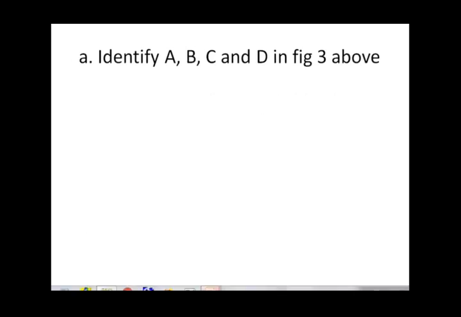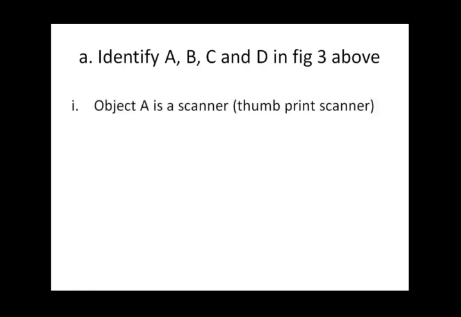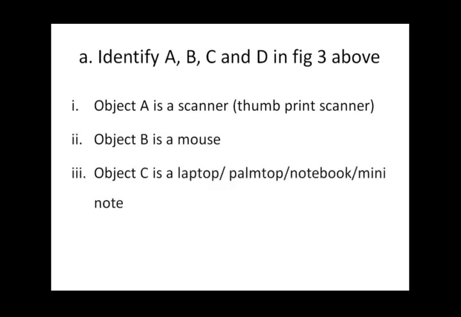A. Identify A, B, C, and D in figure 3 above. Object A is a scanner, a fingerprint scanner. Object B is a mouse. Object C is a laptop, palmtop, notebook.